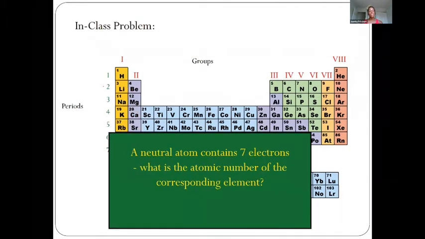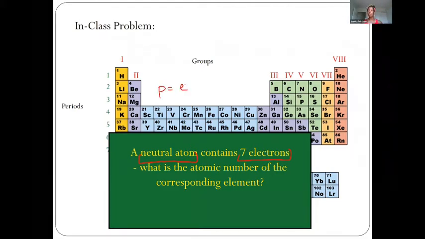The next question says, a neutral atom contains 7 electrons. What is the atomic number of the corresponding element? Now, there's a key word here that we really need to pay attention to because the only information we know right now is that there are 7 electrons. However, it also states that we're dealing with a neutral atom. So because we're dealing with a neutral atom, that tells us that our number of protons would equal the number of electrons.